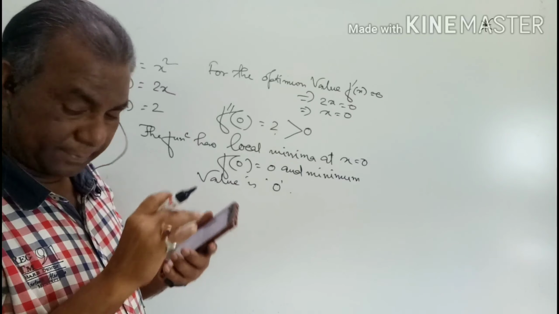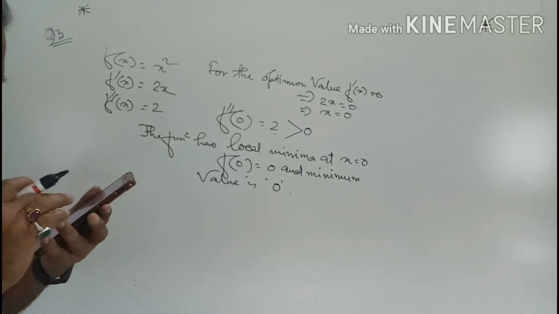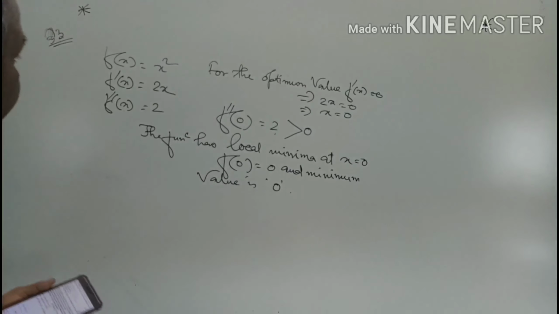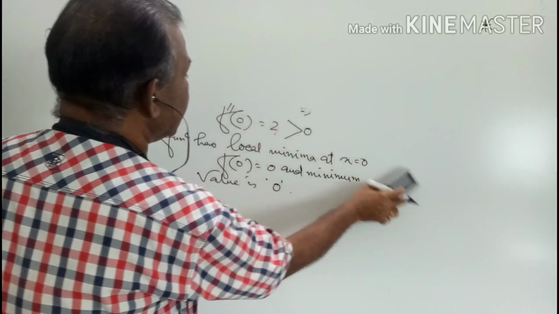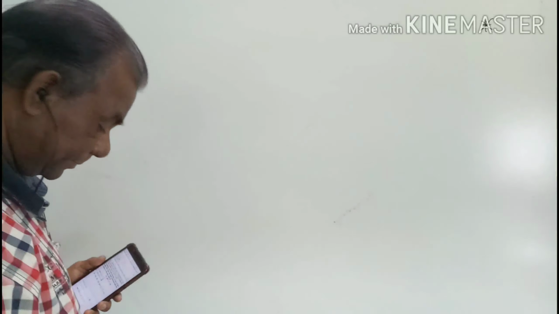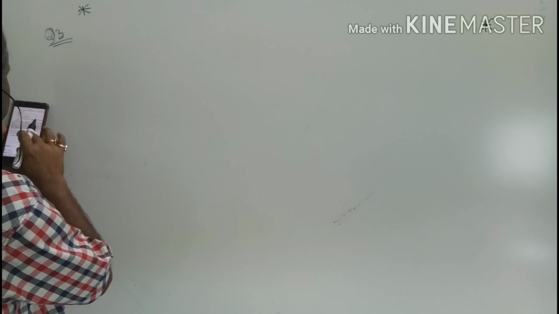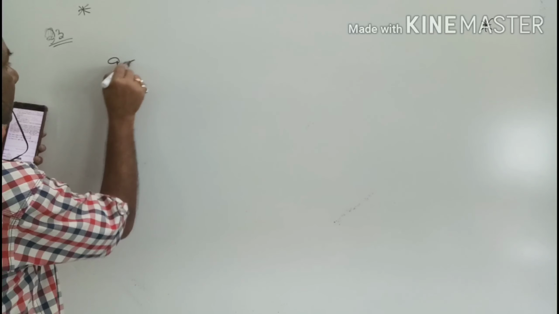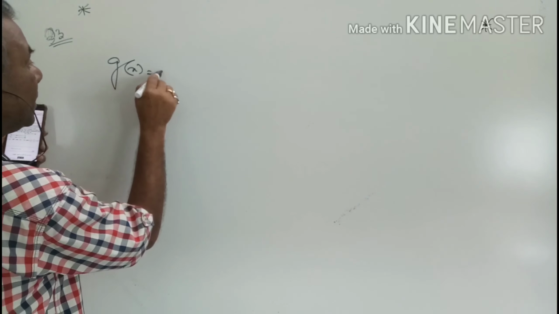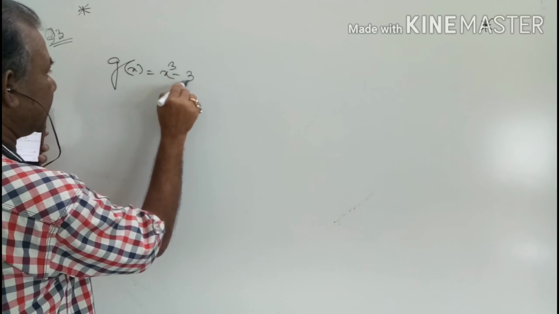Now, second one, you see, g of x equal to x cube minus 3x.